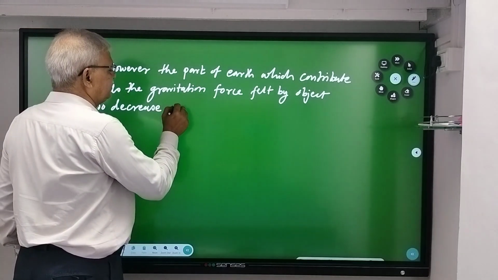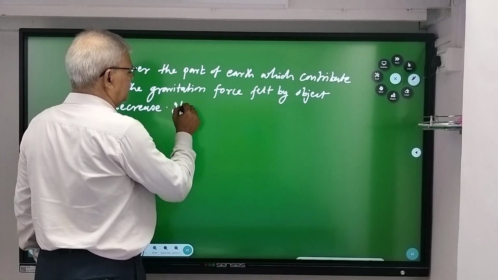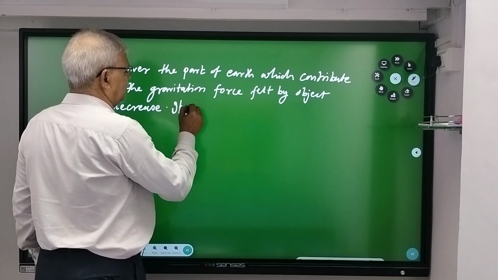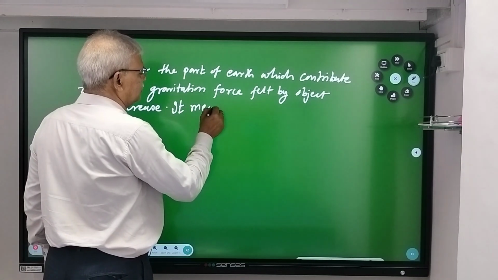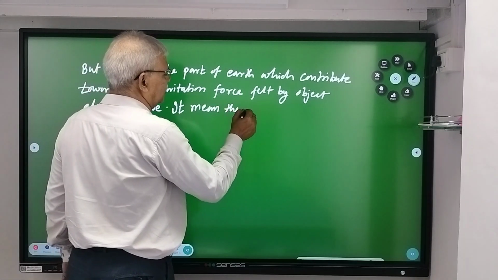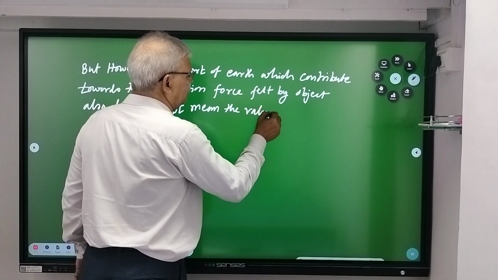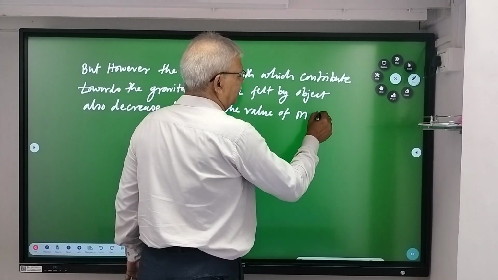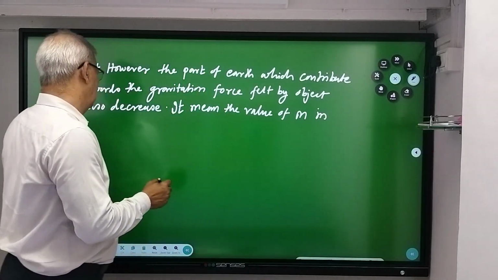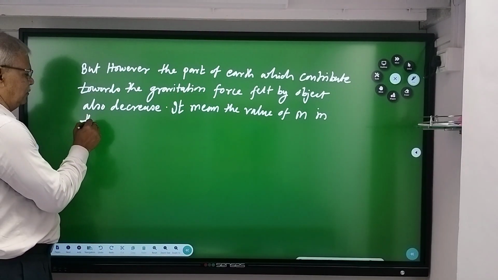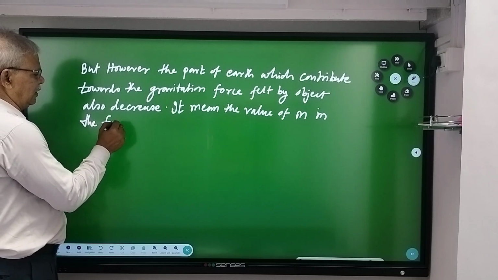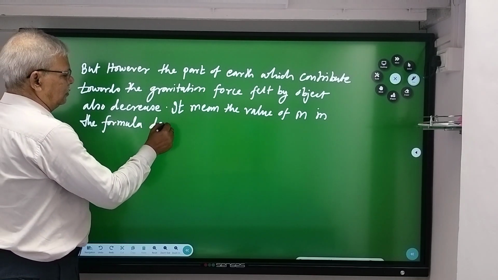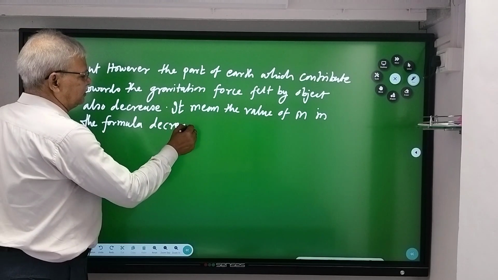It means the value of M in the formula decreases.